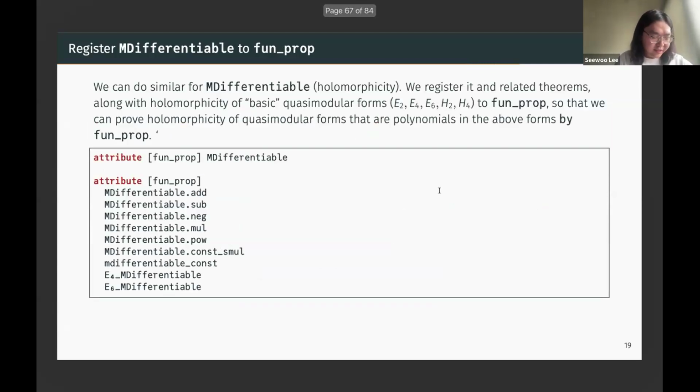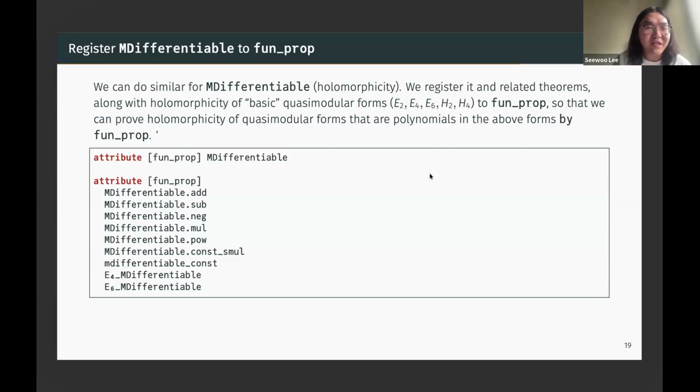And then another thing you can do is the same thing for MDifferentiable, essentially the holomorphicity of the modular forms. So those MDifferentiable add, sub, neg lemmas already exist in Mathlib. We just locally register them to fun_prop. And additionally, we add the MDifferentiability of E4, E6, and a set of functions as fun_prop.